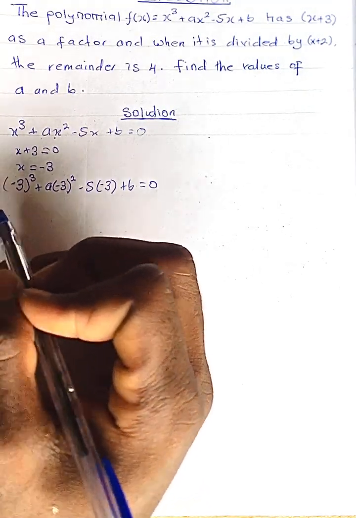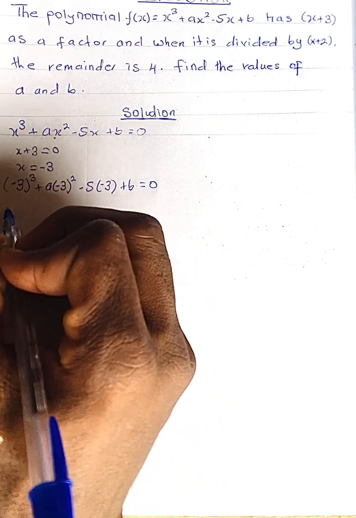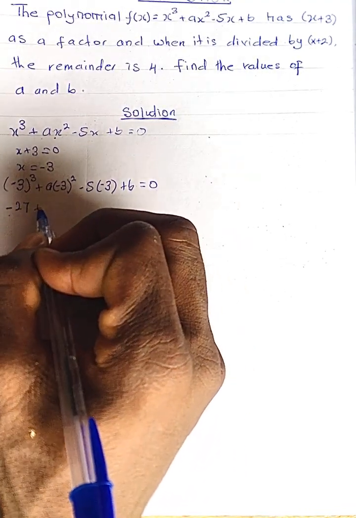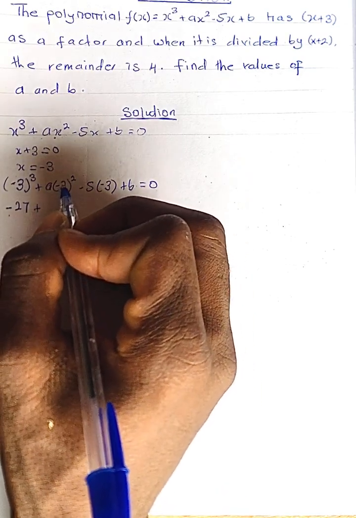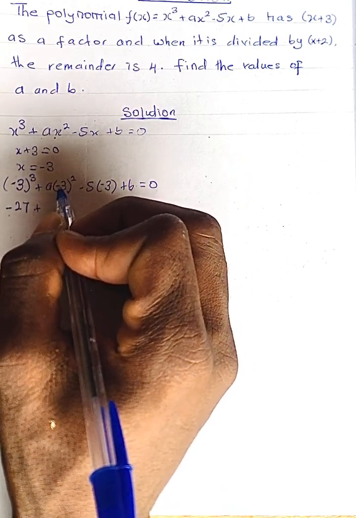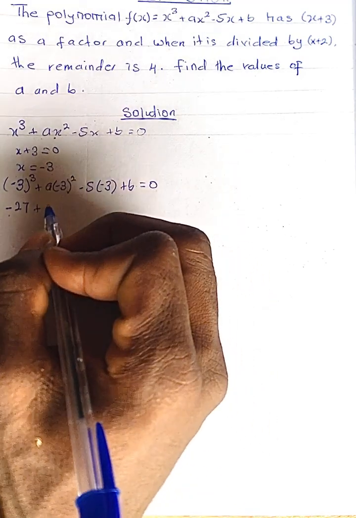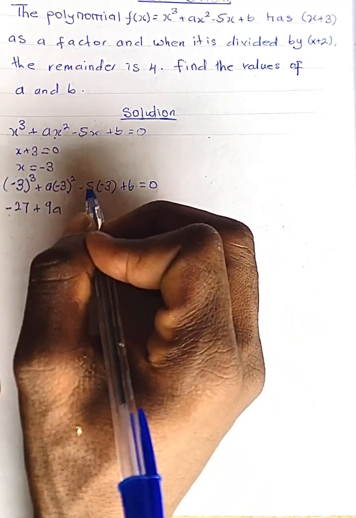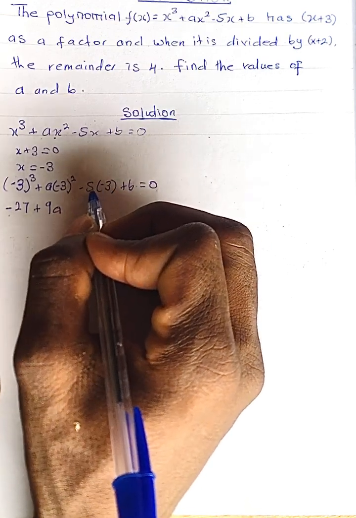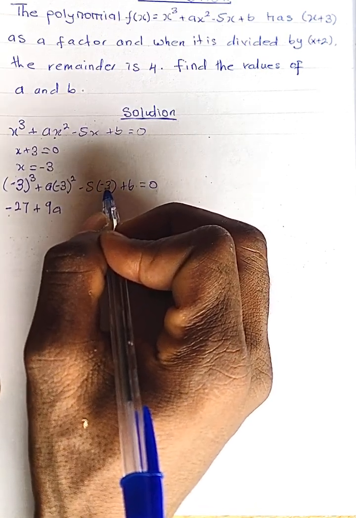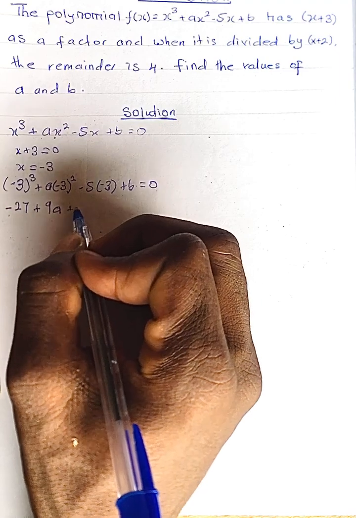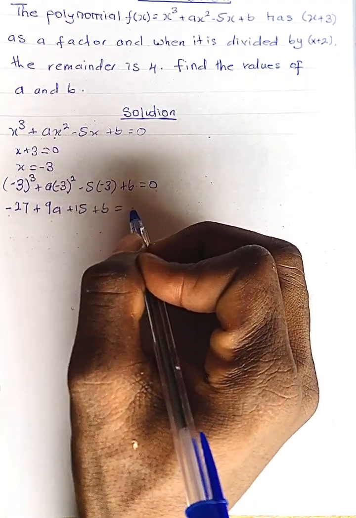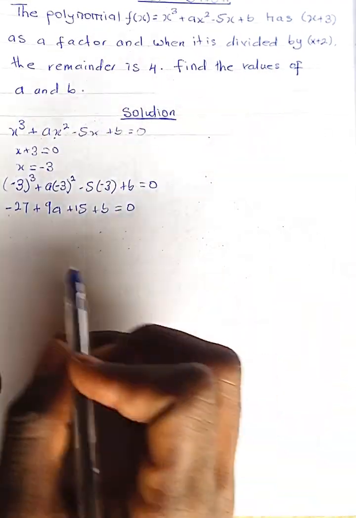Negative 3 to the power of 3 gives us negative 27. Negative 3 to the power of 2 gives us 9, so 9a. Negative 3 times negative 5 gives us plus 15, plus b equal to 0.